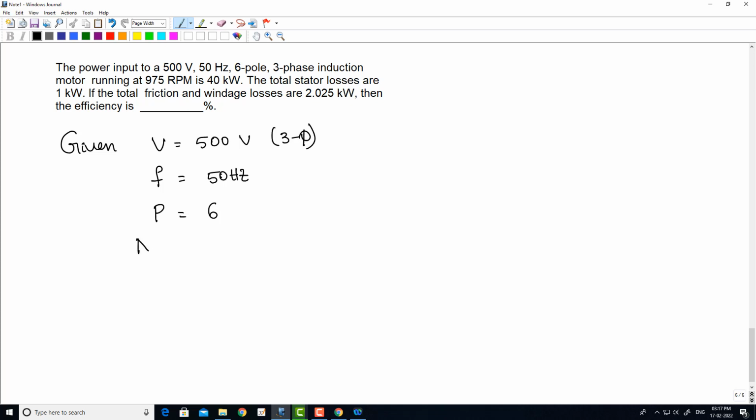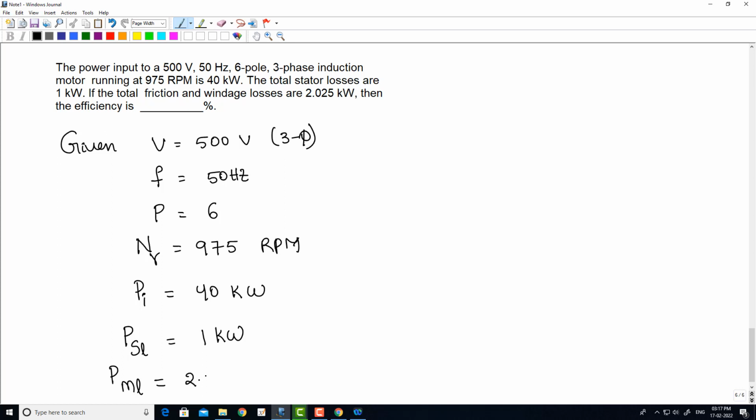Also it is given that rotor speed is equal to 975 rpm, and the power input to the induction motor is equal to 40 kilowatts and the stator loss is equal to 1 kilowatt, and the friction and windage loss, that is mechanical loss in the rotor, is equal to 2.025 kilowatts.